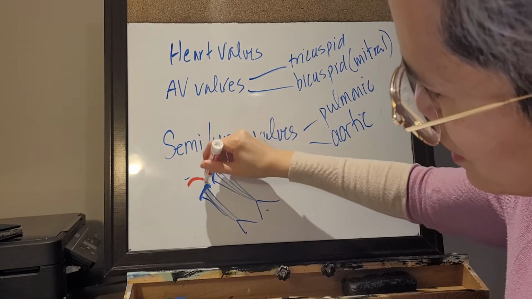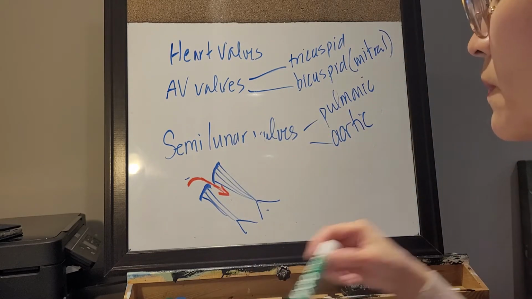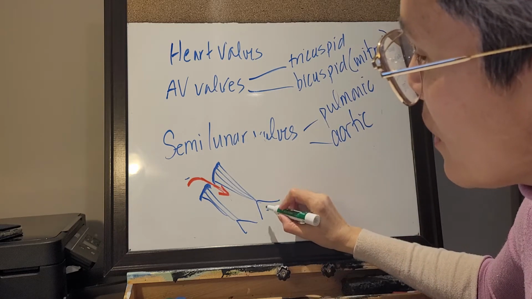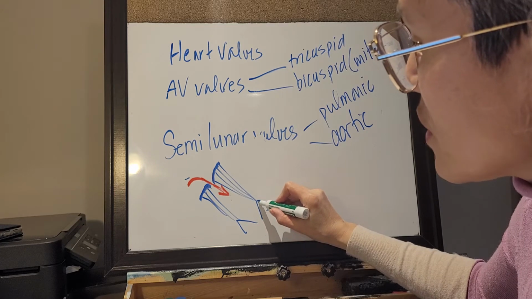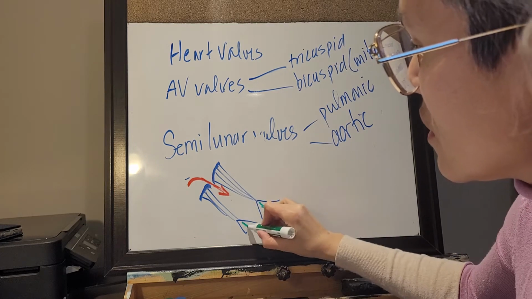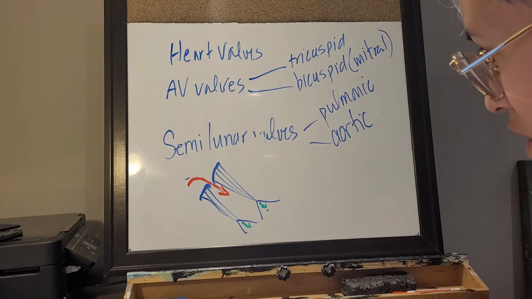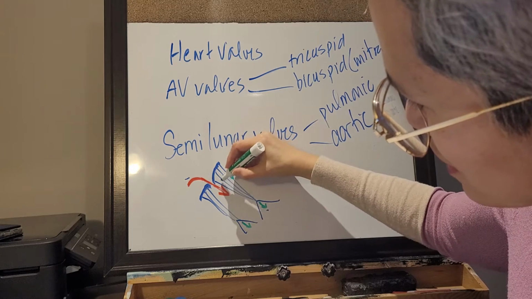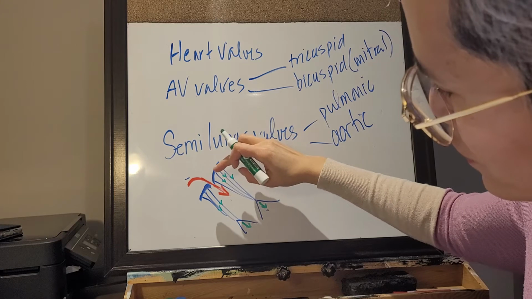Blood is going in, and when the atria depolarize and contract, these muscles pull down and create a force on the chordae tendineae to keep the valves closed.